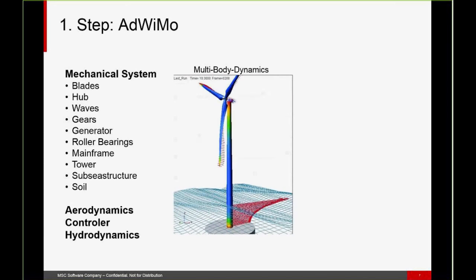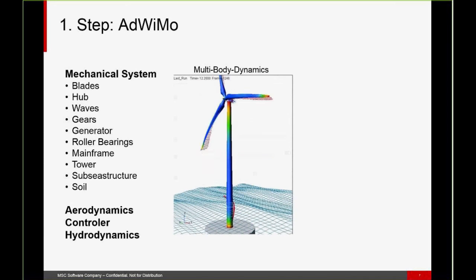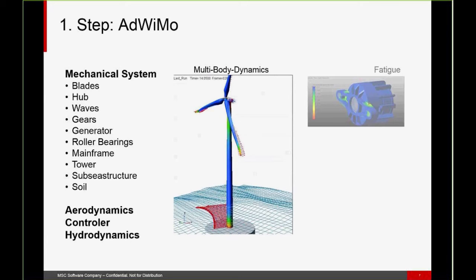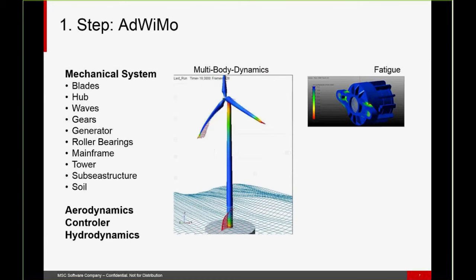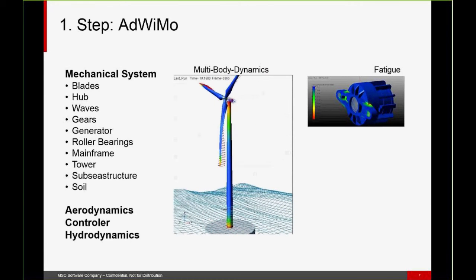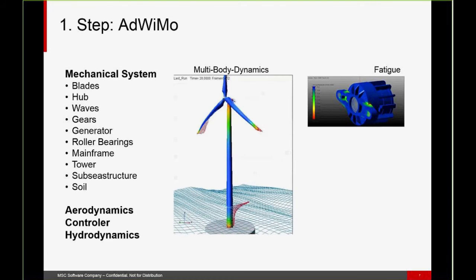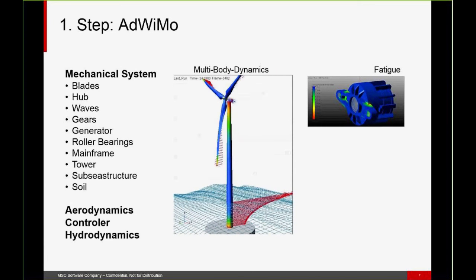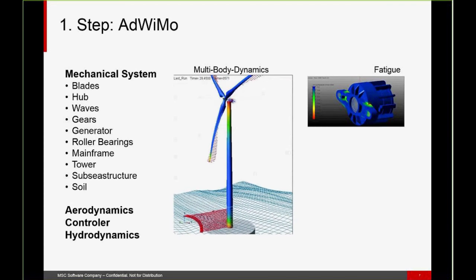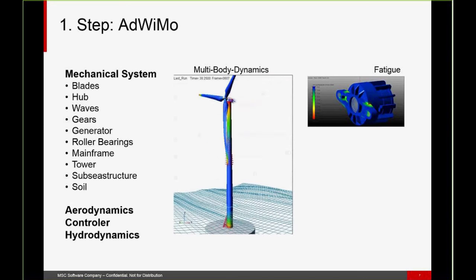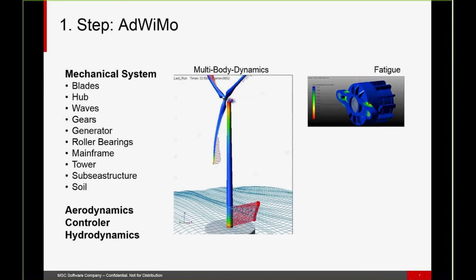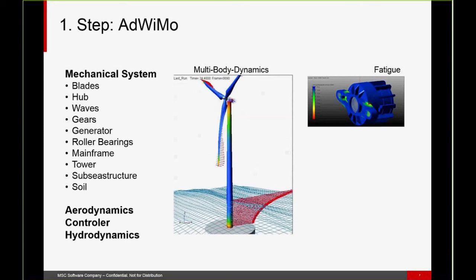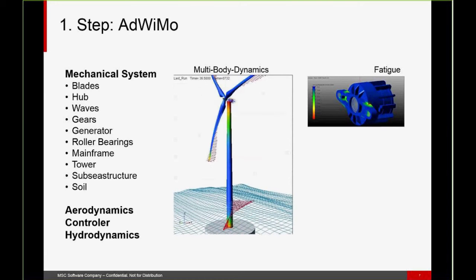But there are more effects probably we would like to cover, and one of them is fatigue. Fatigue is, of course, another solver discipline. So this means in this case we now come from a parallel processing to a serial processing in an automated process chain. This means if we use the standard ADAMS simulation, we get the vibrations or the movements of the nodes on the surface of the structure.